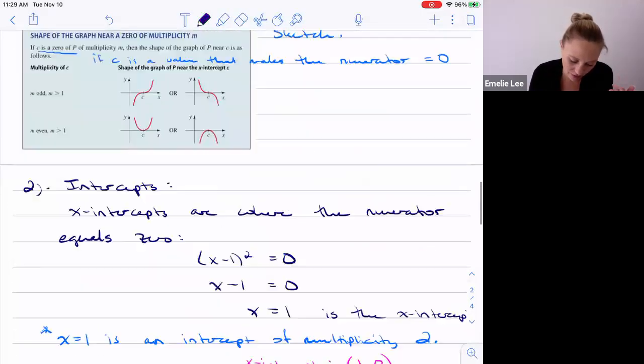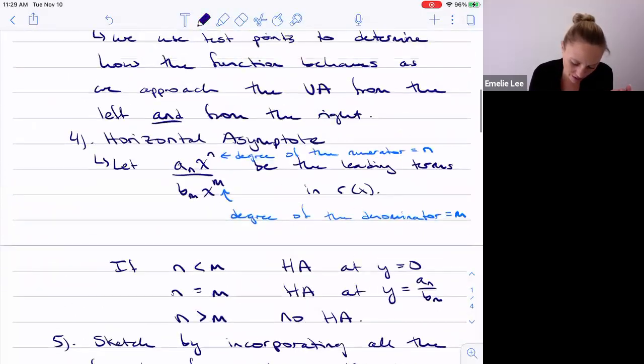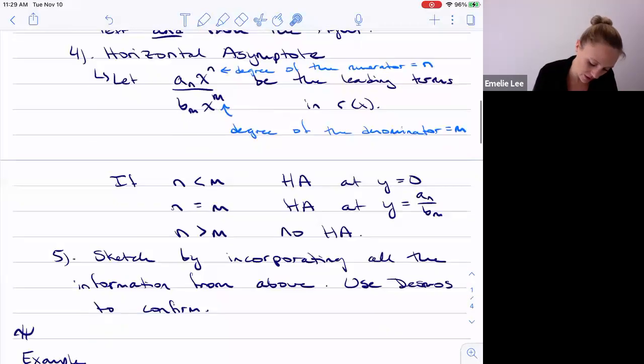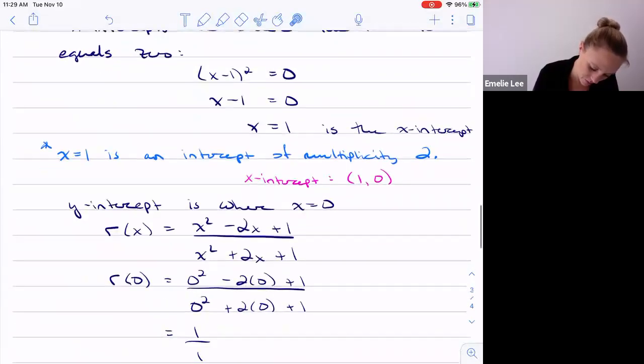We can find the vertical asymptote. Remember in our steps, the vertical asymptote is where the denominator is 0, and then we have to figure out the behavior around that vertical asymptote, or those vertical asymptotes potentially.